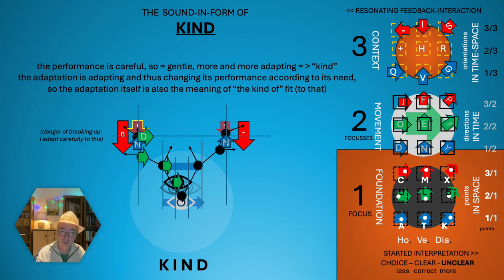So that performance of breaking up and how we approach it is in that way also, you could say, careful. We have to care for it, that it is in balance.